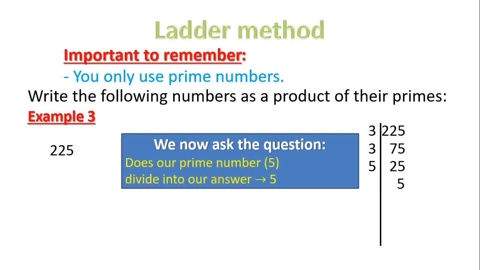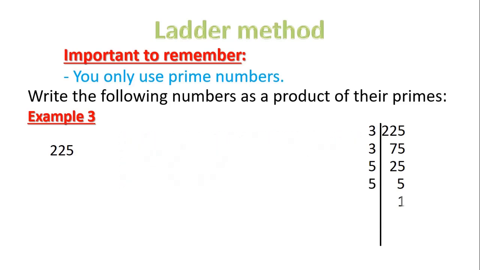Does our prime number of 5 divide into our answer, which also happens to be 5? Yes, it does. So 5 into 5 goes once. Excellent. Now we've finished with our working out. And so we have 225 equals.